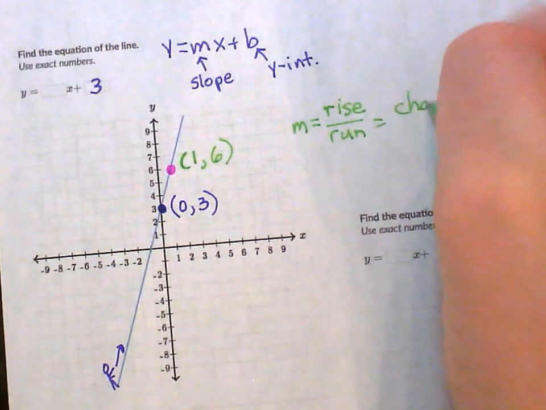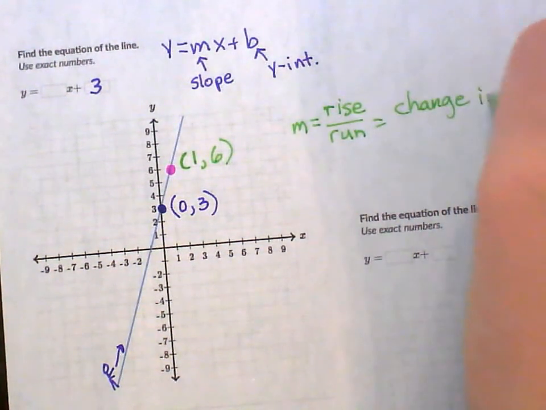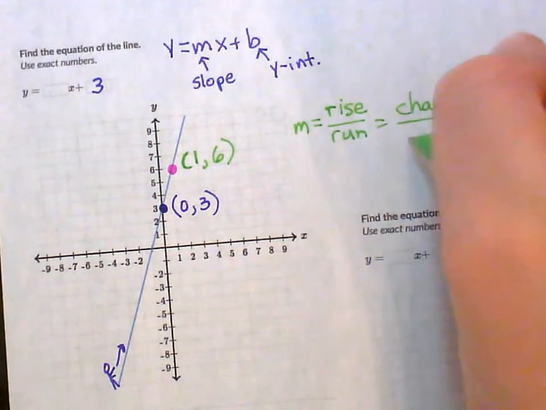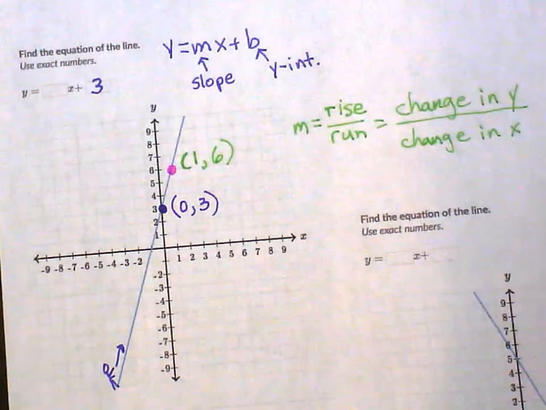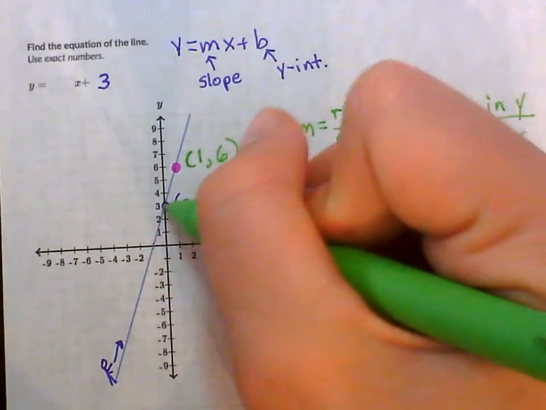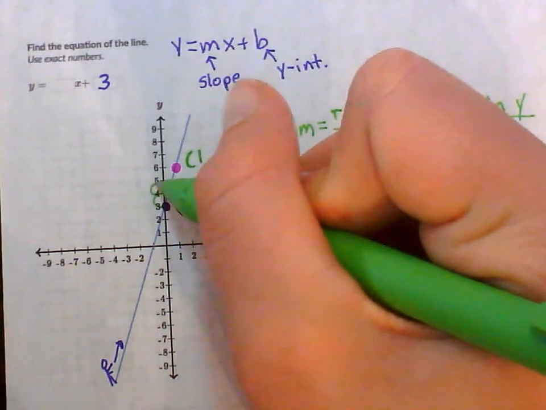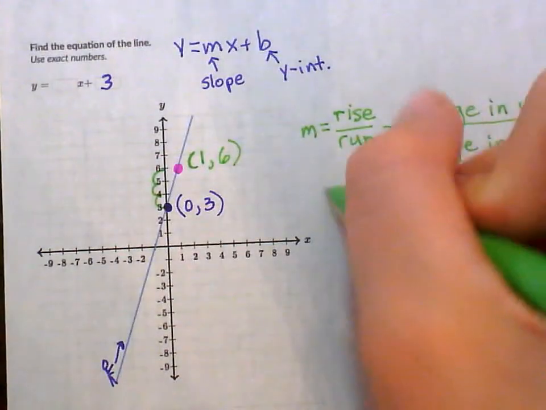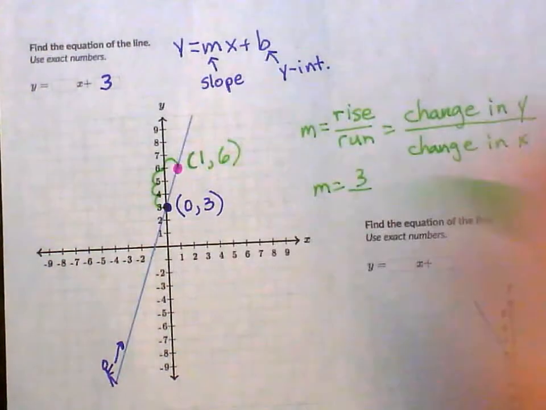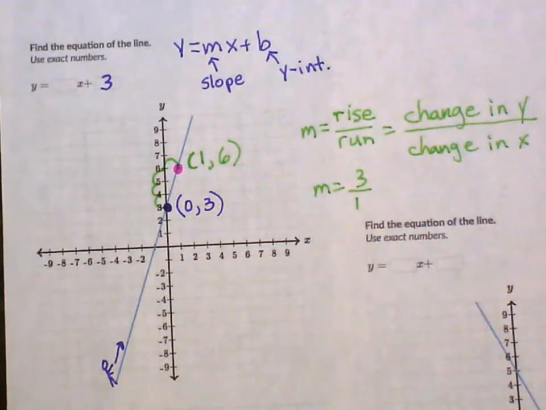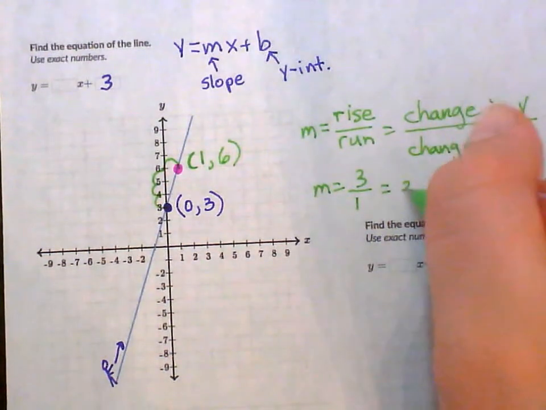So there's two different ways you can do it. You can do the leaps. You can say, hey, we're jumping up 3, we're jumping right 1. So the slope is 3 over 1, which we simplified to 3.